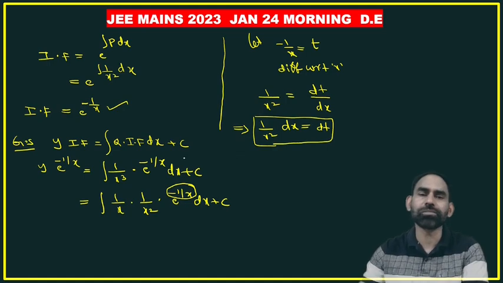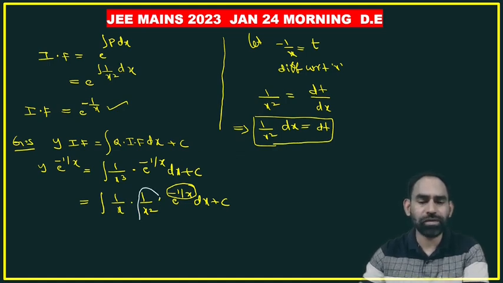Now convert in terms of t. 1/x² dx becomes dt.